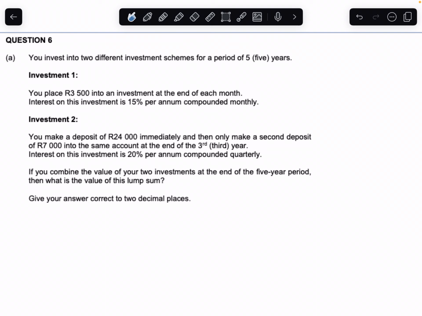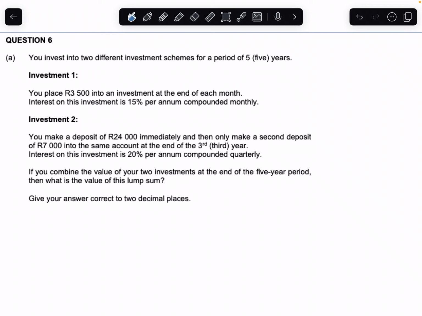We are looking at it. Right, let's see what information we're given. You invest into 2 different investment schemes for a period of 5 years. Investment number 1, you place 3,500 Rand into an investment at the end of each month. Interest on this investment is 15% per annum compounded monthly.